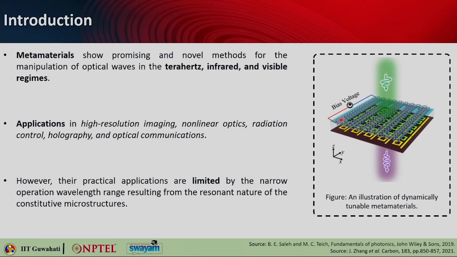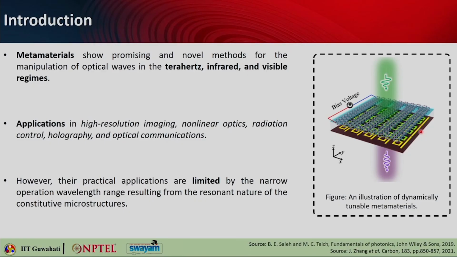It means the same metamaterial can be used for different applications. You do not need to undergo the fabrication process again. You can reuse the same metamaterial by reconfiguring it, by setting up a specific bias voltage, depending on your requirement.